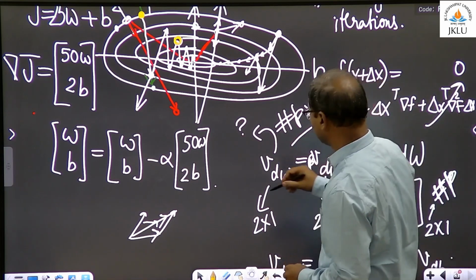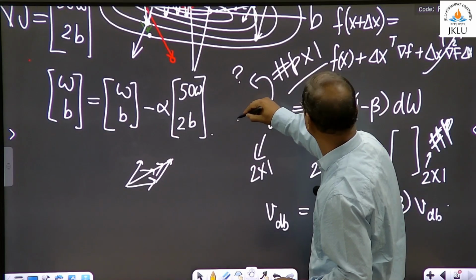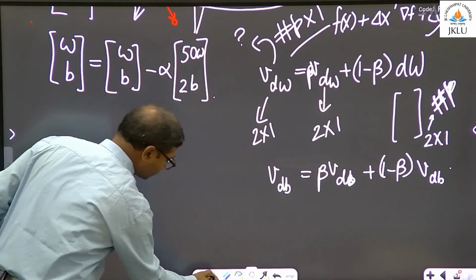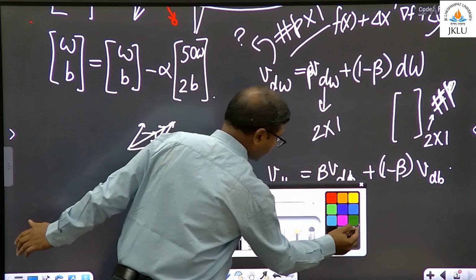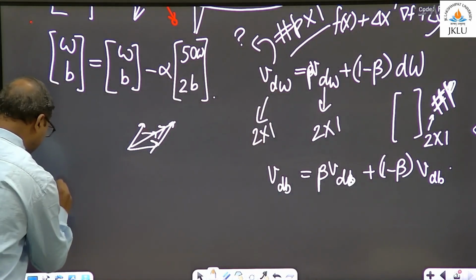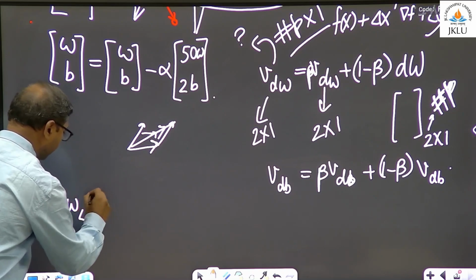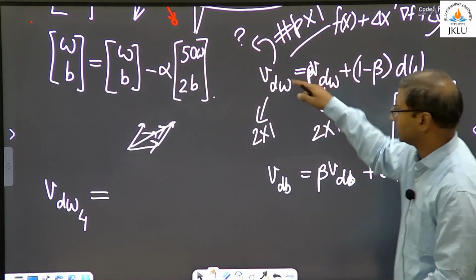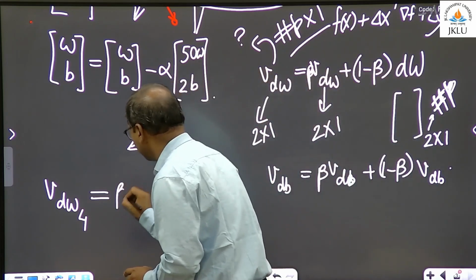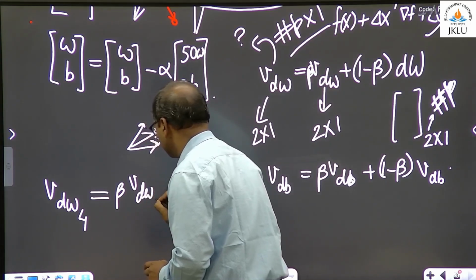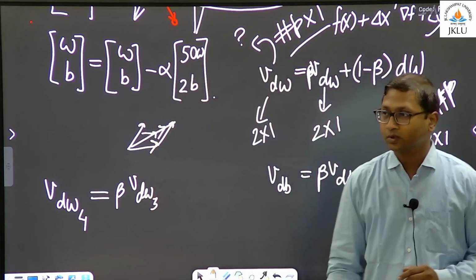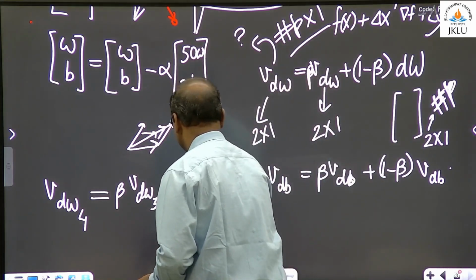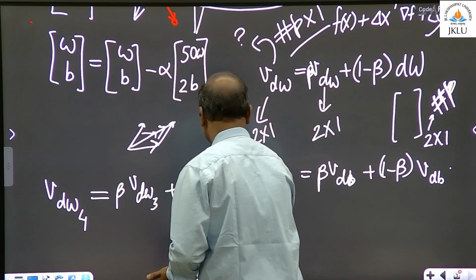So let us write this now. Let's say VDW4 I am computing. VDW4 will be written as beta times VDW, plus 1 minus beta times DW4.